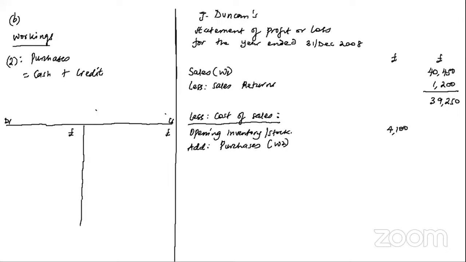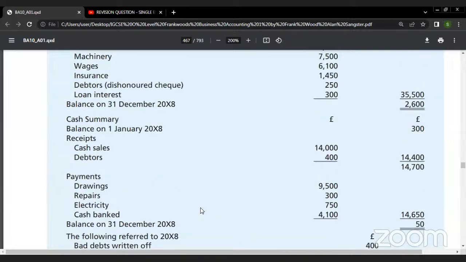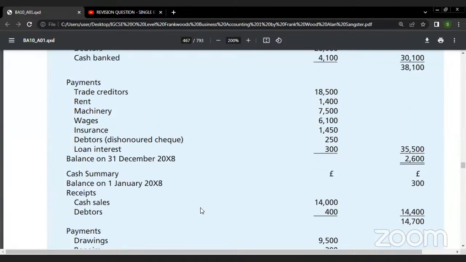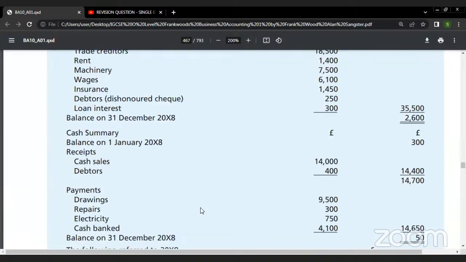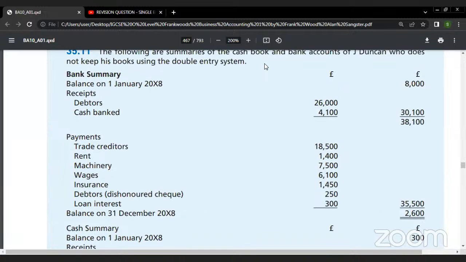Let us check the question and see. When we look at the question, we don't have cash purchases, meaning it is on credit. So I think we have to use the trade creditors account.